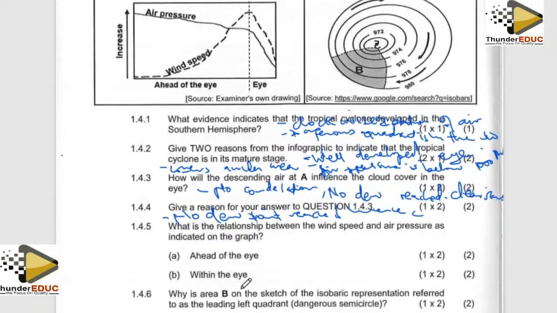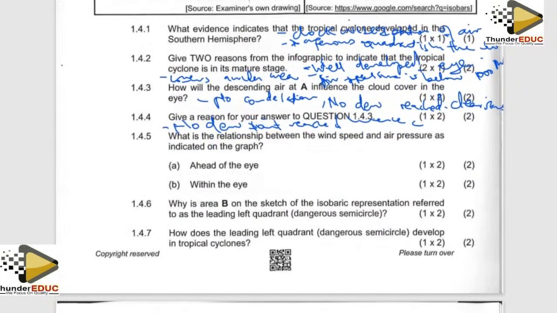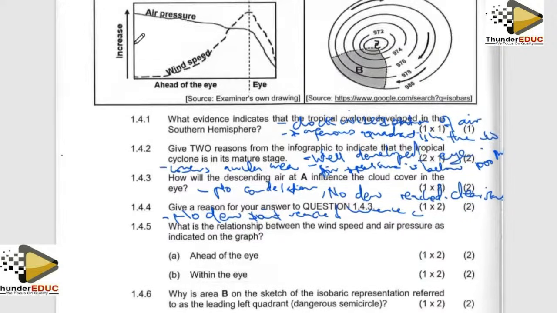All right. Then proceed to 1.4.5. They say, what is the relationship between the wind speed and the air temperature as indicated in the graph? We go to the graph. Here we can see the increase in what? Here it shows what happens: as the height changes, look at the air pressure.